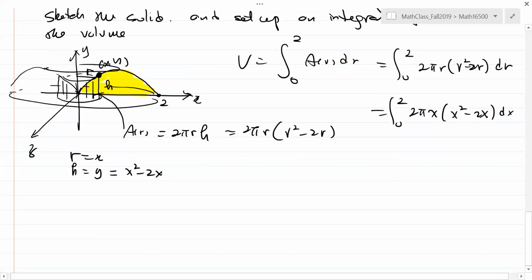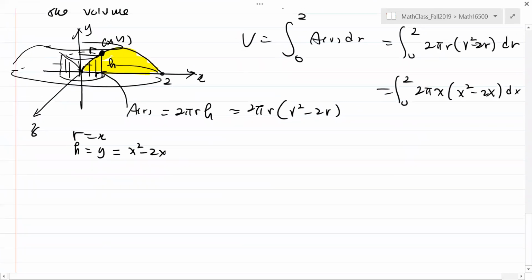If you have to use the y variable to set up the integral, then you have to use disks. It's not easy to determine the radius. So let's try.